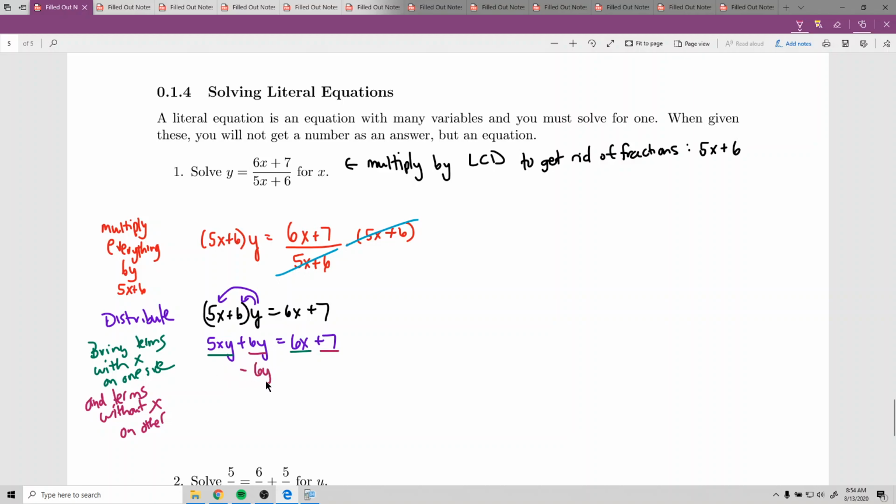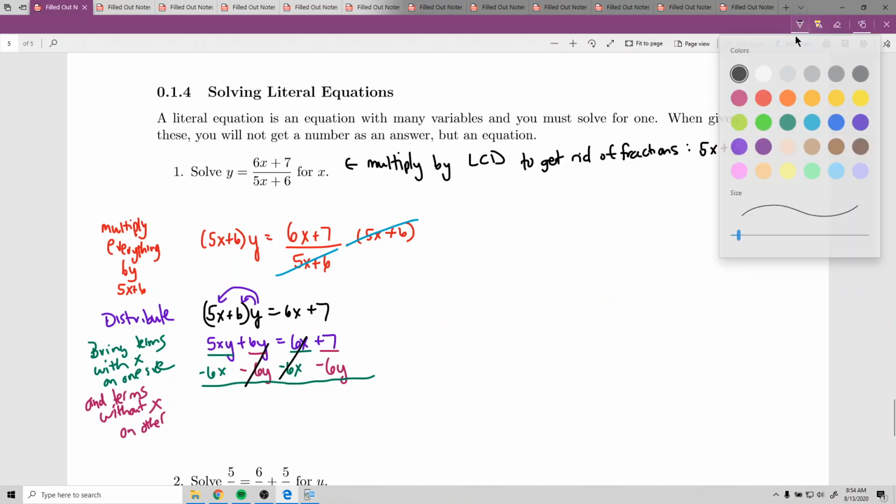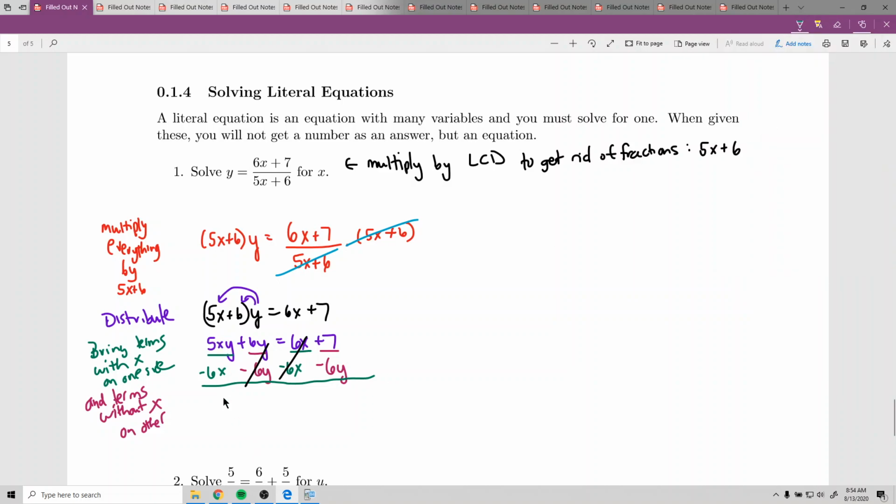So I'm going to subtract the 6y to make it go to the other side, and then subtract the 6x to bring it over to the left. Now it doesn't matter what else is in the term. If x is in it, bring it to one side. If x is not in it, bring it to the other. So on the left side here, now we have 5xy minus 6x. And on the right side, we've got negative 6y plus 7.